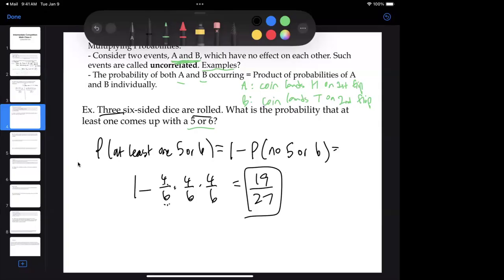It doesn't matter whether 1 to 4 rolls on the first die or on the second, so we can multiply those probabilities together. Then we want the complement of that, so we subtract it from 1 and we get this number. Any questions?